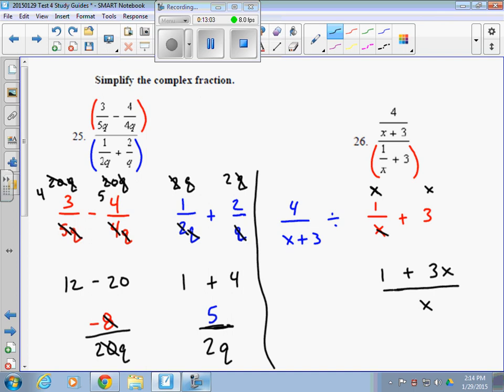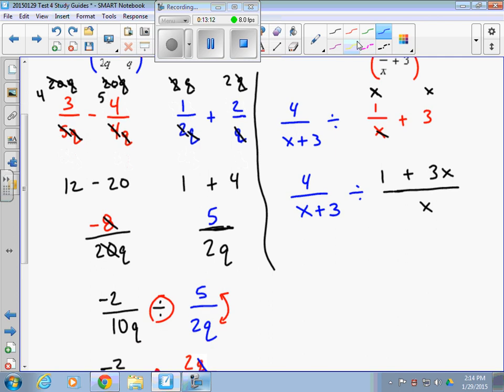So with the other one, when we bring it down, 4 over x plus 3 is divided by that 1 plus 3x over x. Leave your first fraction alone, 4 over x plus 3. Change division to multiplication and flip it to make it say x over 1 plus 3x.